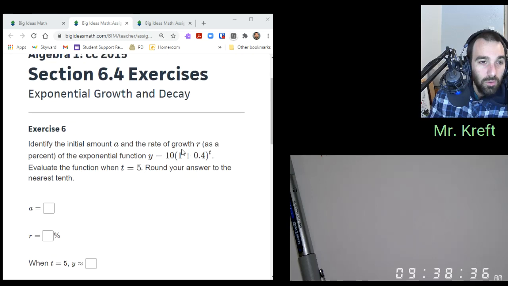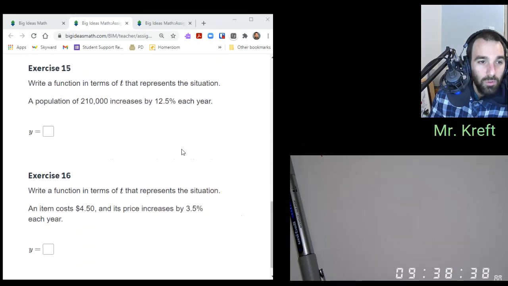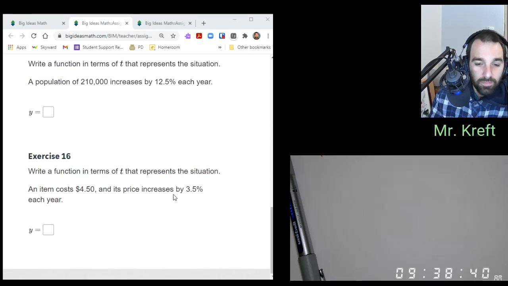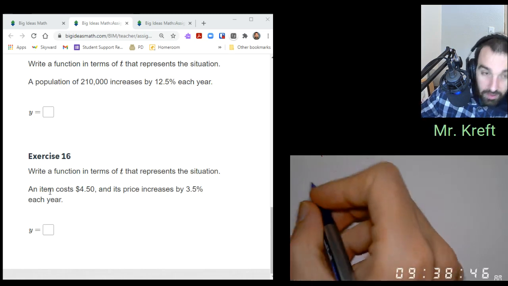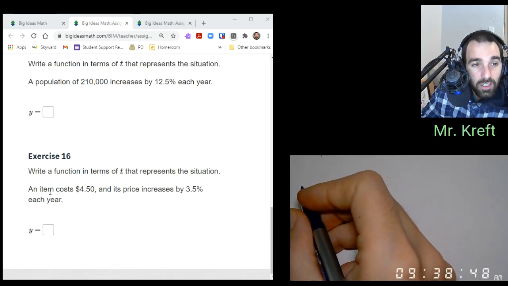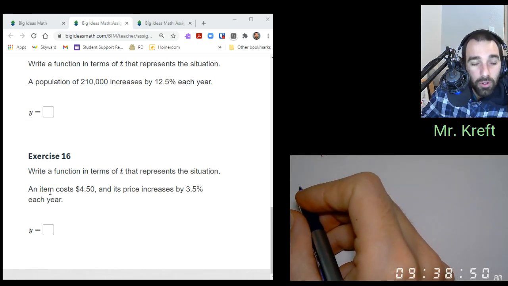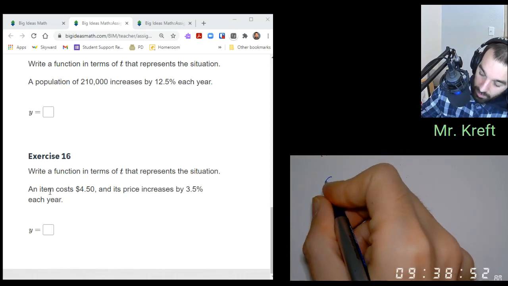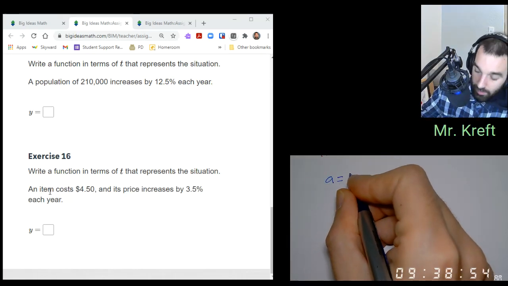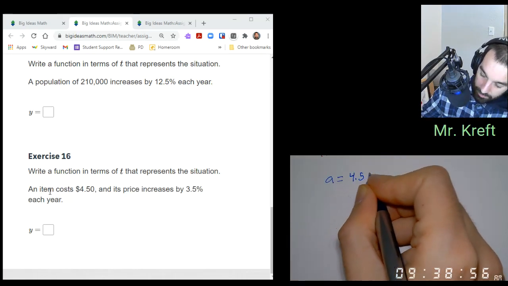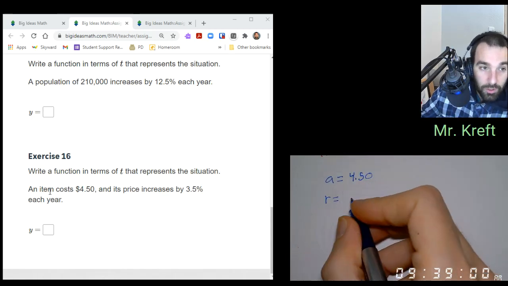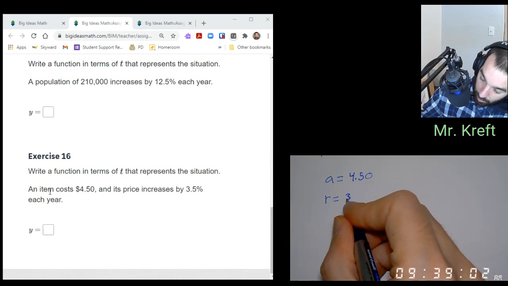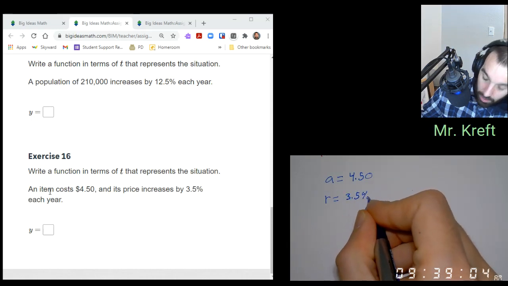So question 4. Let's see here: 1, 2, 3, 4. Okay, if I want to write an answer for this, it says it costs $4.50 and the price increases by 3.5% each year. So my initial amount is $4.50 and my rate is increasing at 3.5%.